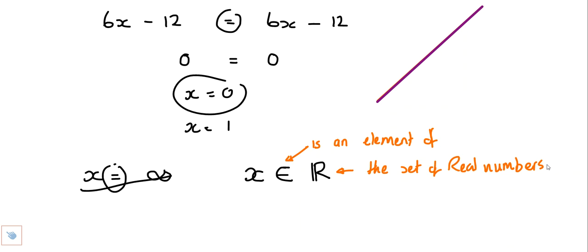Remember we talked about that? So the actual way of saying it is x is an element of the set of real numbers. Is an element of just means x is in the group of real numbers.